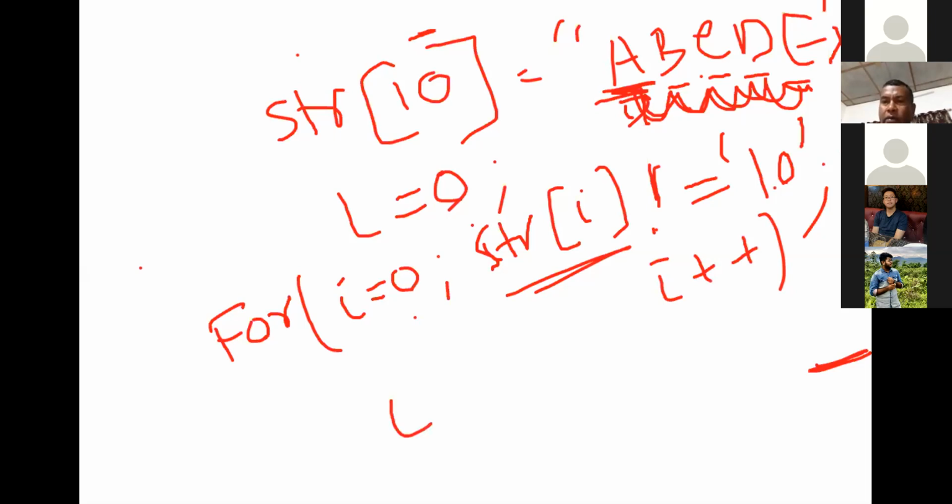Now what happened? L equal to L plus 1. Exactly, 1, because the number of times this repeats, this will increment 1 by 1. Initially it is 0. First repetition, this becomes 0 plus 1.